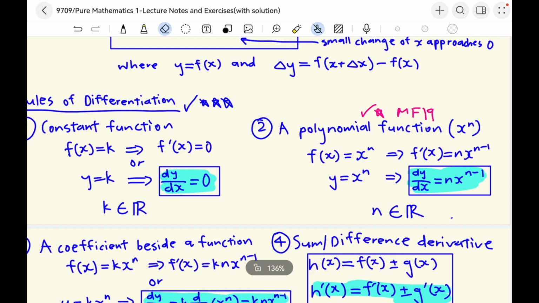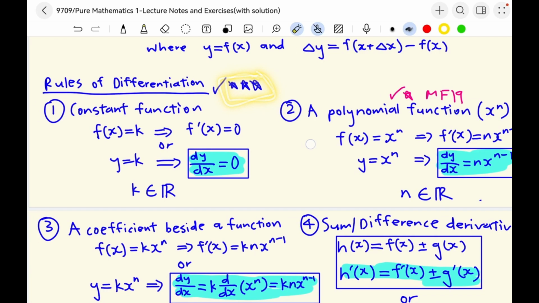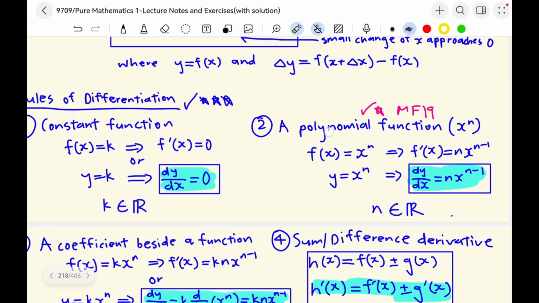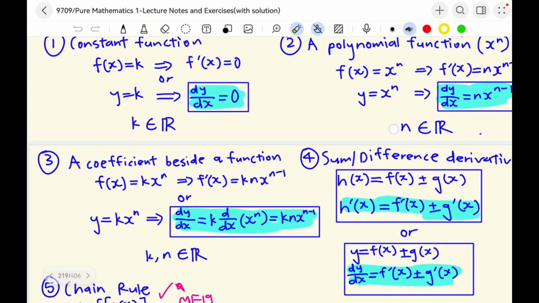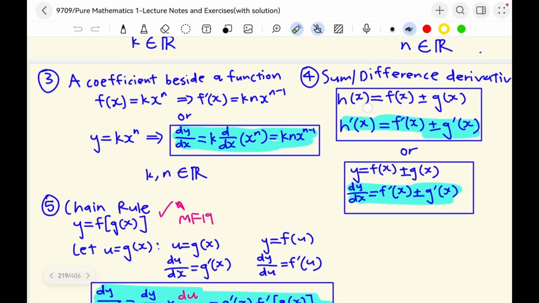So this is how the derivative of the polynomial functions is defined for the constant function. I have the 3 stars over here. Please remember them, because some might appear in the MF19, but some are not. And I'm sorry to inform you that k also belongs to the real numbers.